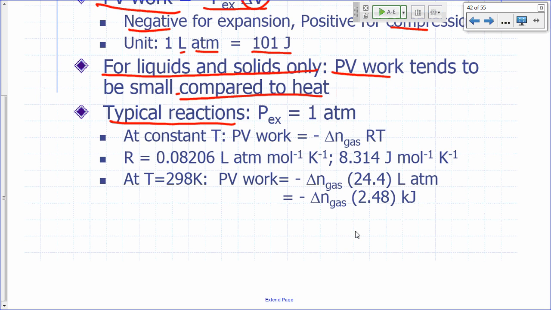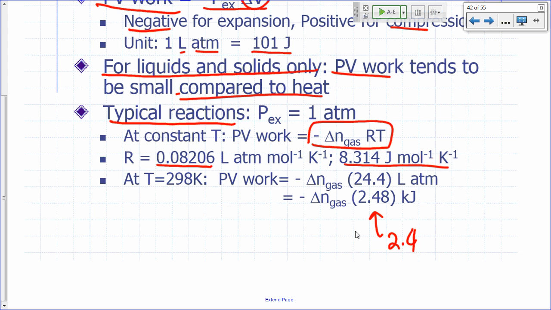So PV work, when there's a change in the moles of gas at constant pressure, is negative delta n gas times RT. So your R is 0.08206 liter atmosphere per mole Kelvin, or if you want to go straight to joules, that's 8.314 joules per mole per Kelvin. Okay. I gave you a ballpark figure of 2.5 kilojoules for RT at room temperature.